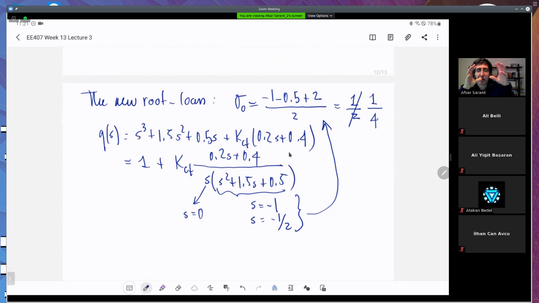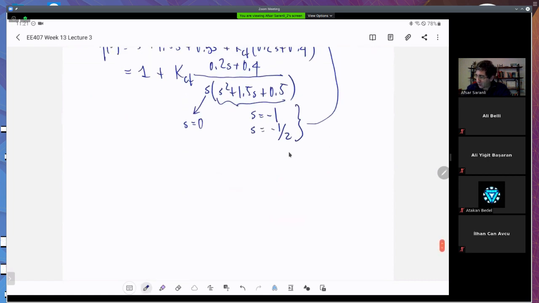You group the terms with respect to a factor of that variable, KCT, and then you divide everything by the factor of the variable of interest, so that you obtain a form that is 1 plus the parameter times a numerator divided by the denominator, and you treat that variable as if it was your gain. Okay, here it was really our gain, but this is the form that we get for our root locus.